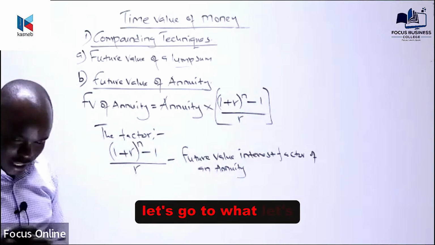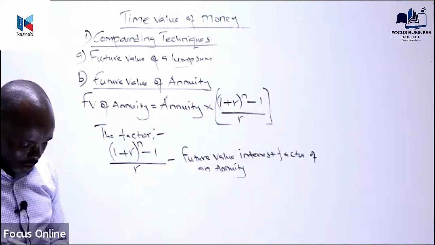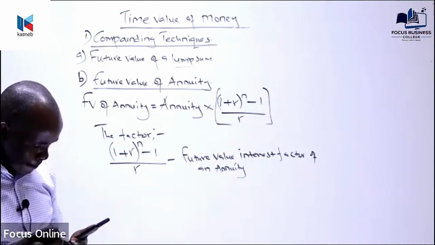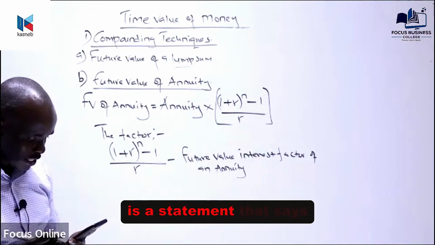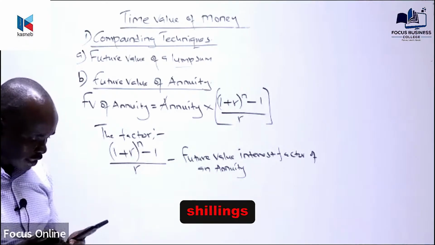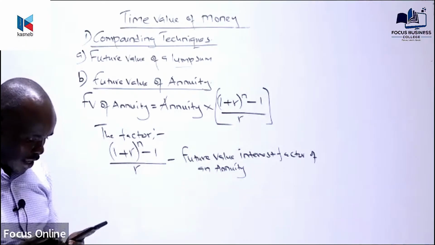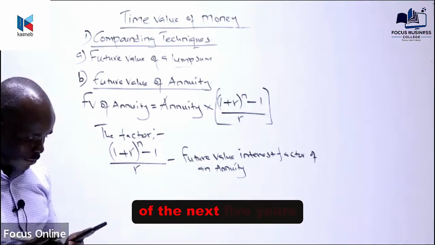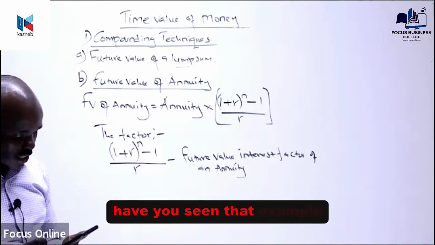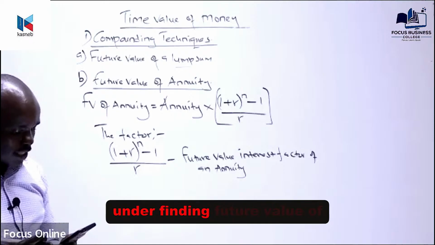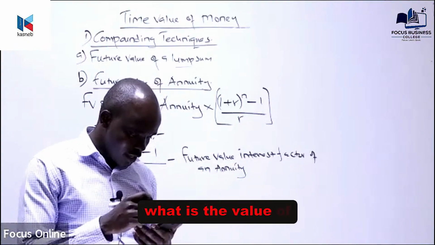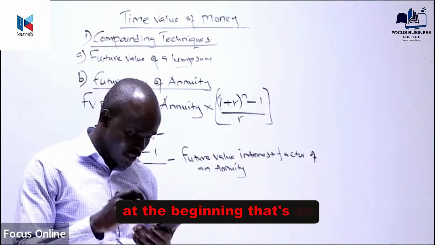Let's have an illustration. From the above example, there is a statement, we have an example: what is the value of shillings 100,000 investment annually at the beginning of each of the next 5 years at an interest of 12%? Oh, that's an annuity due.